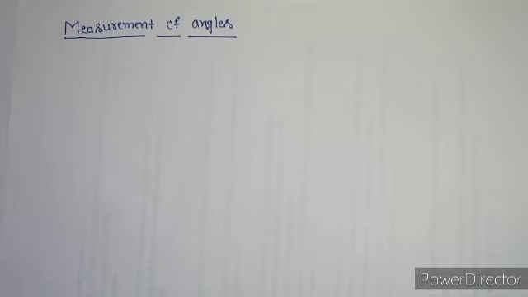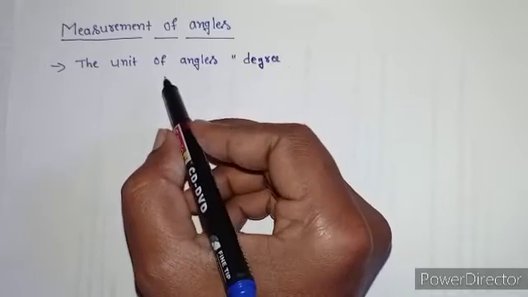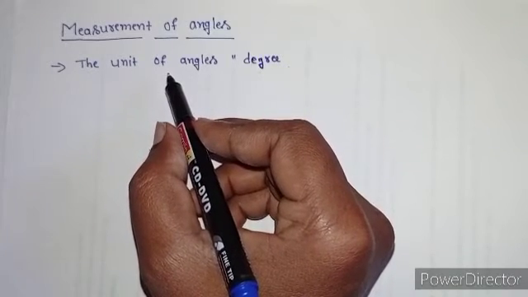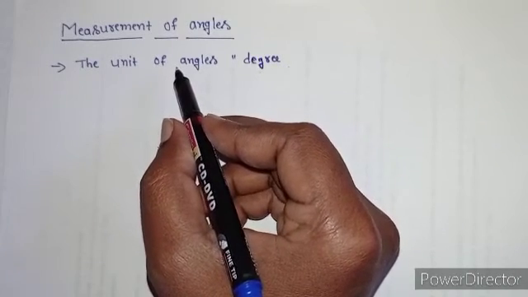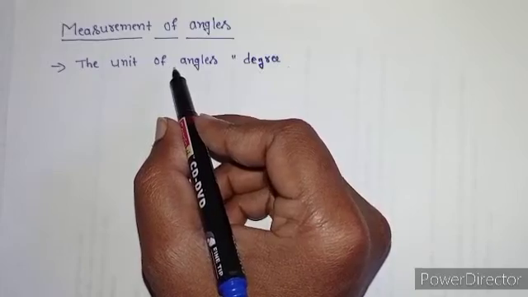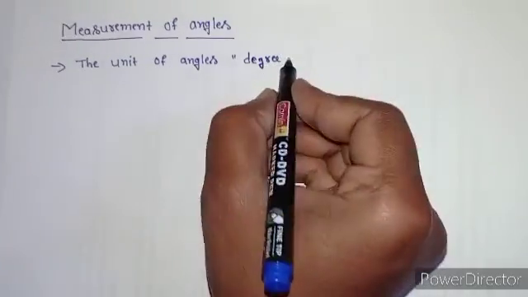We know the interior and exterior of an angle: the points lying inside the angle form the interior, and the points lying outside form the exterior. In the measurement of angles, the unit of measurement used is called the degree.